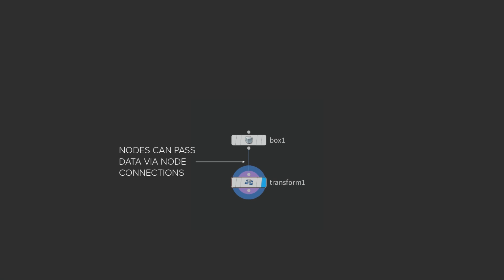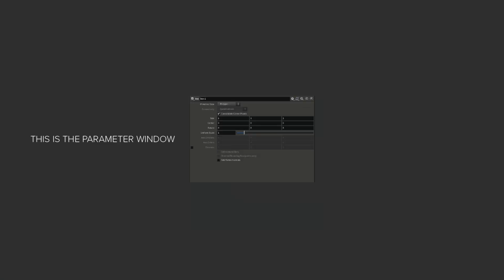So here we're taking the box node and we're feeding it into a transform node where we're actually going to move and manipulate that box. And you can also see that we've got our visibility flag turned on the transform node so we can actually see what it is that we're transforming. This is the parameter window where you actually adjust all of the properties of the various nodes.